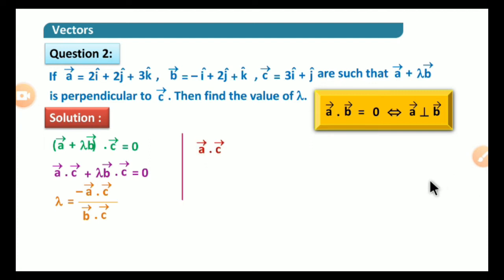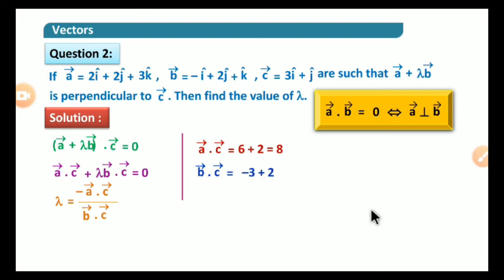Then you have to find the value of A dot C. A dot C is 2 into 3, which is 6, plus 2 into 1, which is 2, and 3 into 0, since there is no k term, the coefficient of k is 0, so we get 0. So we have only 6 plus 2 equal to 8. Similarly, we can find B dot C.